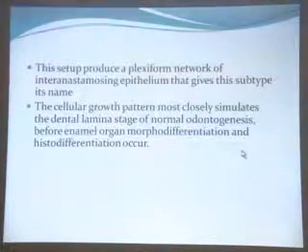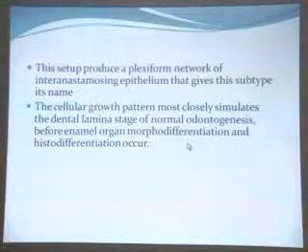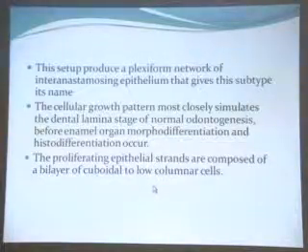This cellular growth pattern most closely simulates the dental lamina stage of normal odontogenesis, before the enamel organ morphodifferentiation and histodifferentiation. We all are aware that before morphodifferentiation and histodifferentiation, when tooth formation or odontogenesis begins, the dental lamina mainly shows interconnected anastomosing islands.